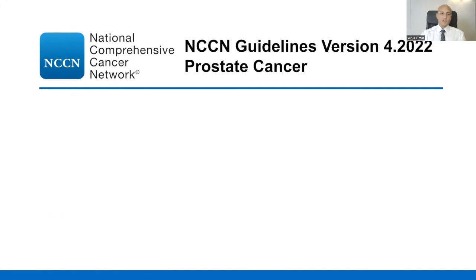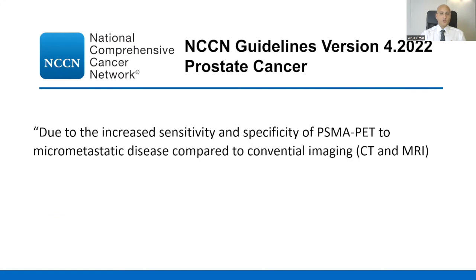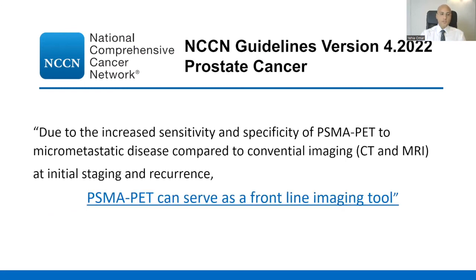And I want to quote this paragraph, which is, due to the increased sensitivity and specificity of PSMA PET to micrometastatic disease compared to conventional imaging as CT and MRI, and this is at both initial staging and recurrence, PSMA PET can serve as a front-line imaging tool. So this is very important, because in the past, PSMA PET was only used when conventional imaging was negative. But now we can use it as a front line. And that's what we're doing now in our practice in Egypt.